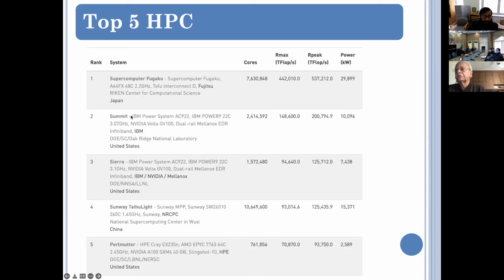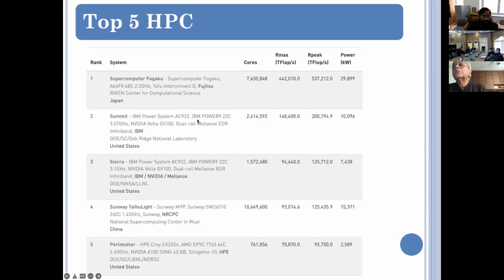at the same time. The second supercomputer is named Summit, that is in United States, developed by Oak Ridge National Laboratory, and that is an IBM based supercomputer.